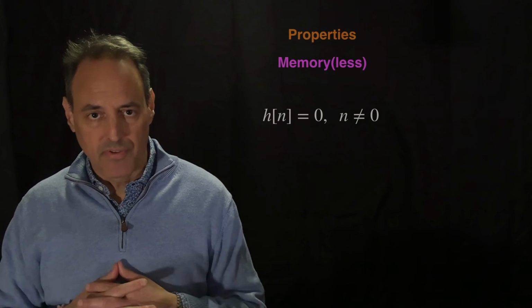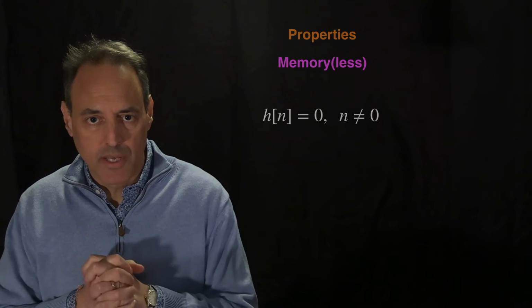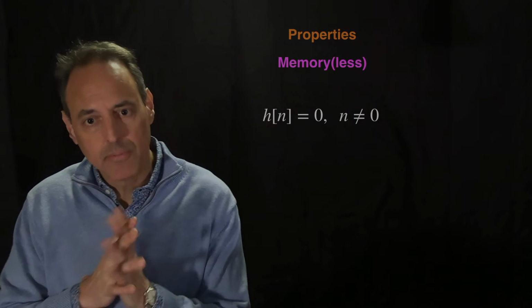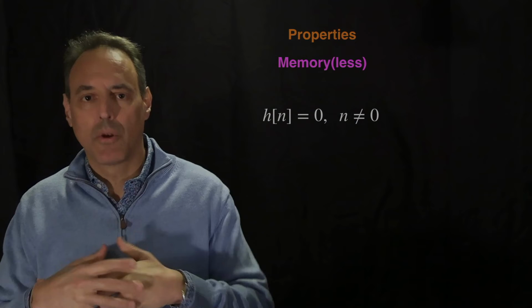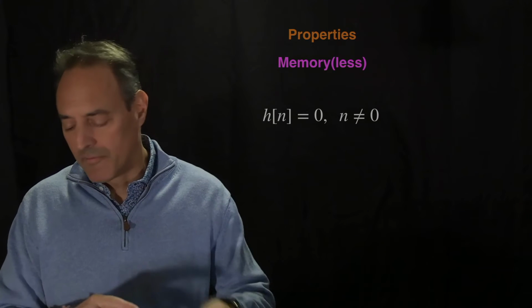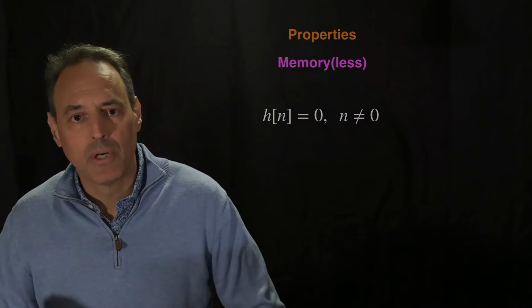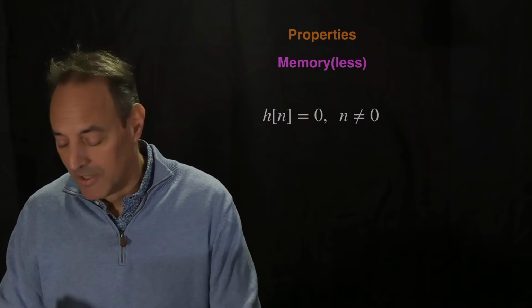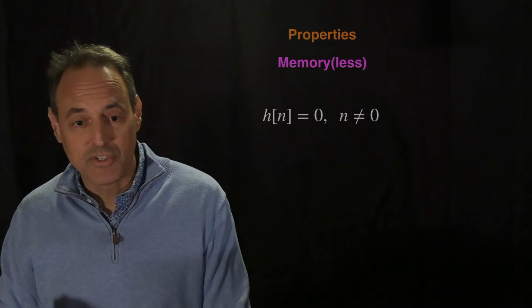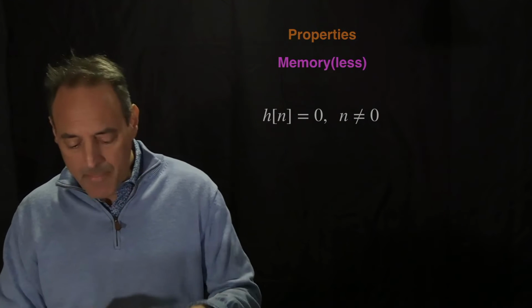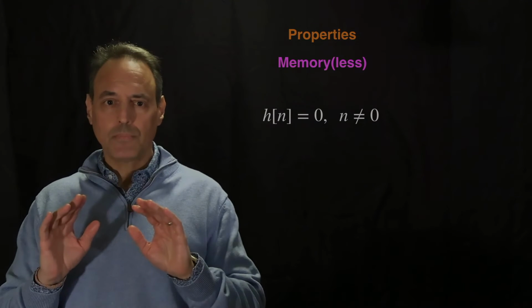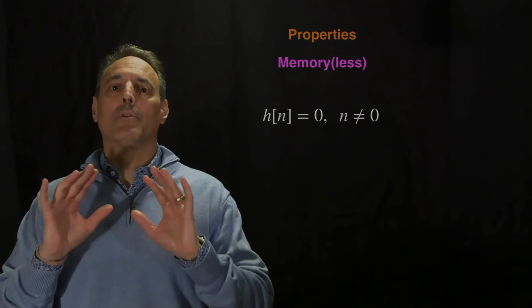So those are some of the important properties that hold for these linear systems. We also want to talk about other properties that are more associated with the response of the system. The first one we're going to talk about is a memory in the system, or no memory in the system. So for instance here, if I want a memoryless system, think about what h is. h is the fundamental response to a kick.